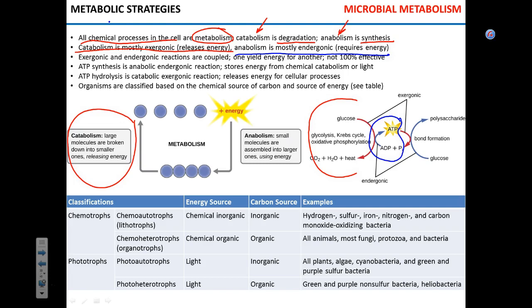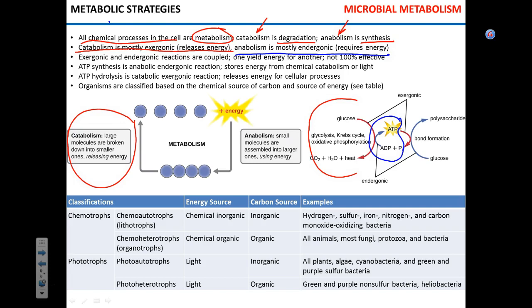If you think about other examples, it can be, for instance, breakdown of lipids by beta oxidation, free fatty acids broken into individual molecules of acetyl-CoA. And this reaction is hugely exergonic. It produces a lot of energy.